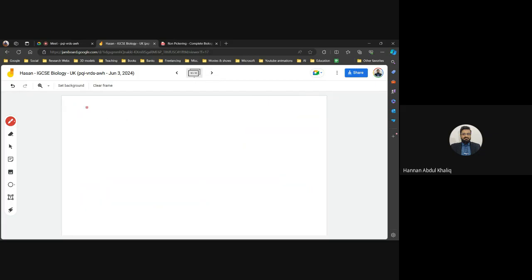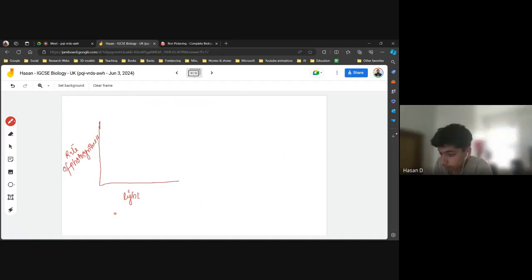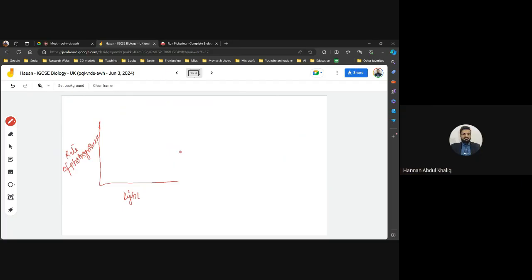So what did they do? They did an experiment, and they drew the graph, rate of photosynthesis, and on the x-axis, they put the light. Now they have different readings of temperature and carbon dioxide as well as light.